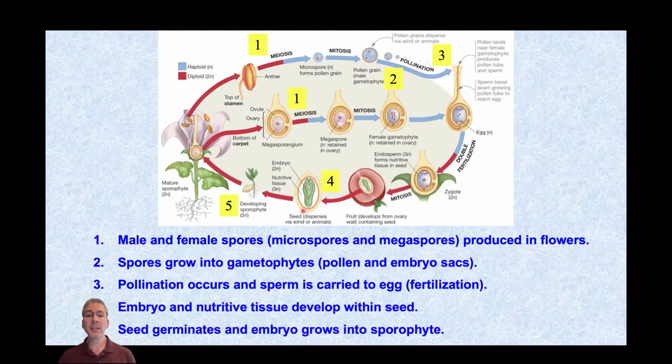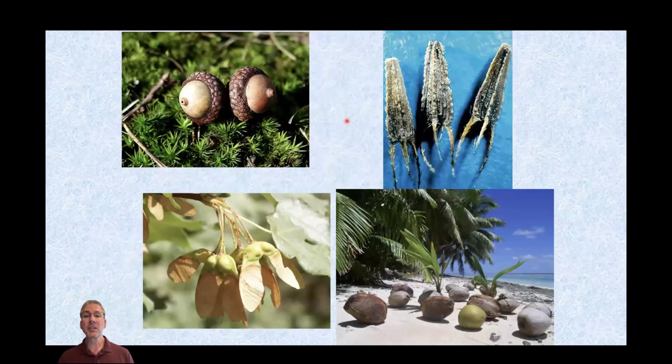And if you think about the structure of flowering plant seeds, they can be quite diverse. And of course, they can be produced within fruits. So that then allows seeds and fruits to be dispersed in all sorts of ways in flowering plants. Acorns, for example, right? Lots of animals might be gathering acorns and eating lots of them, but many of them can then, of course, also be dispersed and grow into new oak trees.